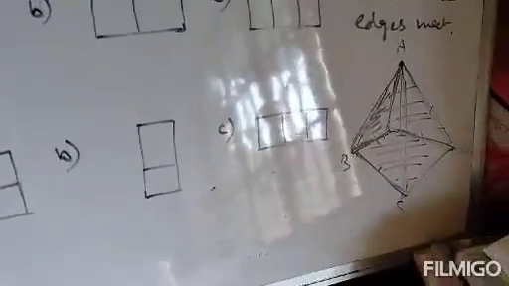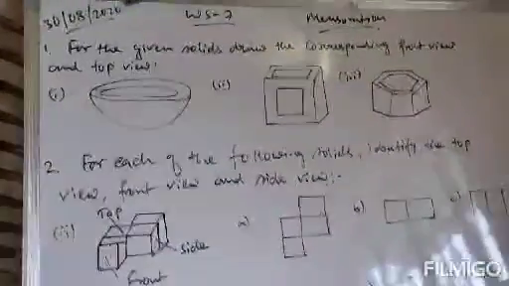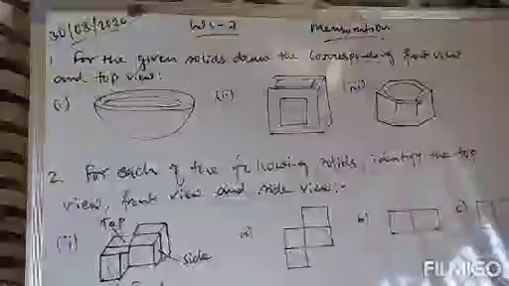Clear? Next, a solid shape must have a top face, a front face, and side faces. That means it will have a top view and front view. When you rotate any solid shape, it must have a top view and front view. In the questions here, some diagrams are given and you have to draw the corresponding top view and front view.